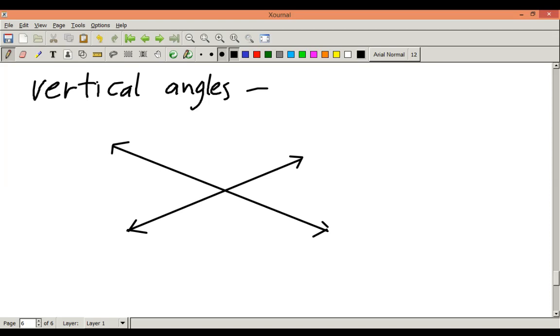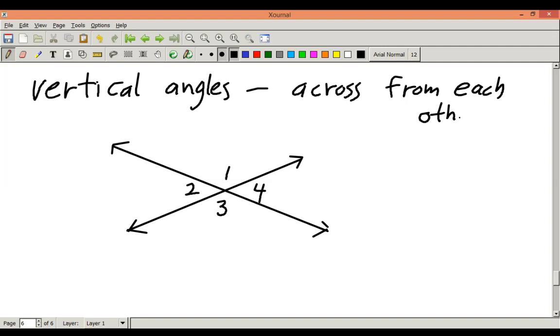You can see that we have several angles formed here. So we have angle 1, angle 2, angle 3, and angle 4. The vertical angles are angles that are across from one another. So in this diagram, we have 2 sets of vertical angles.